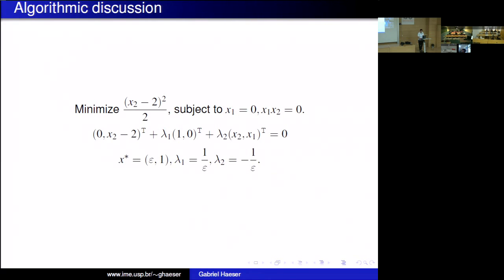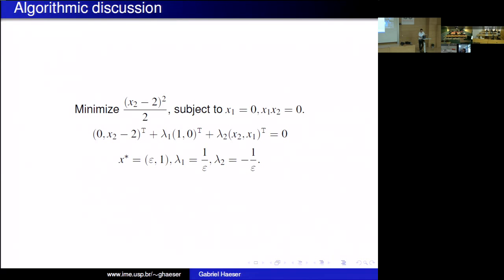Okay, so continuing with this algorithm discussion, I should show you an example where this approximate KKT condition is not so good. Let's look at this problem in two variables and two constraints. I want to minimize (x2 minus 2) squared over 2, subject to x1 equal to 0 and x1 times x2 equal to 0.